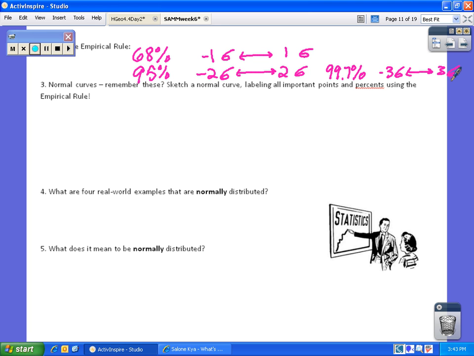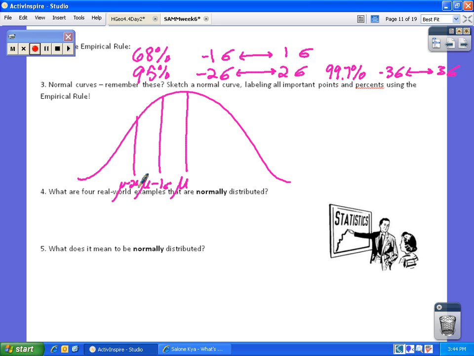For number 3, I just wanted you to remember what a normal curve looked like. The mean is exactly in the middle. The mean minus 1 sigma, the mean minus 2 sigmas, and then the mean minus 3 sigmas. On the right, we have the mean plus 1 sigma, the mean plus 2 sigmas, and then the mean plus 3 sigmas.